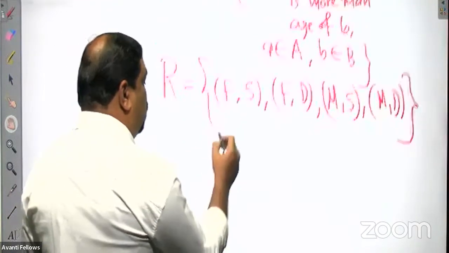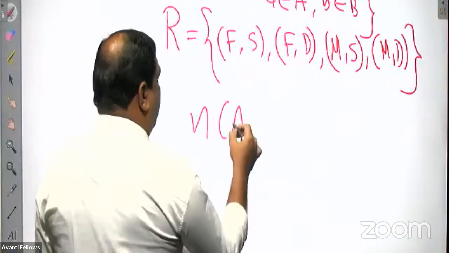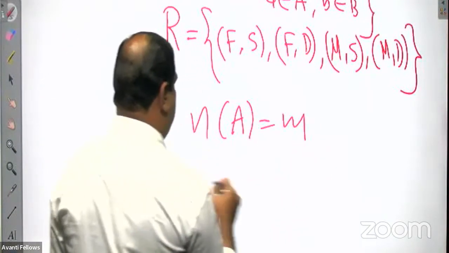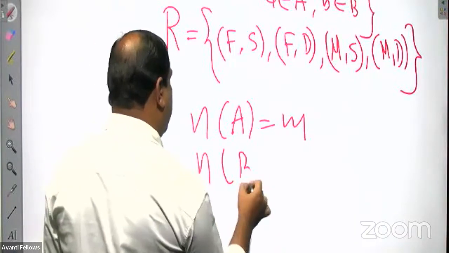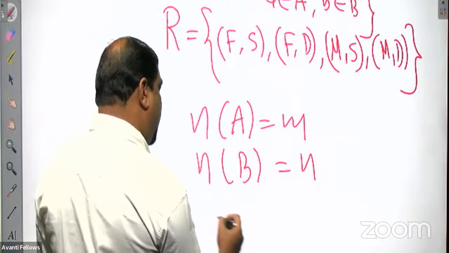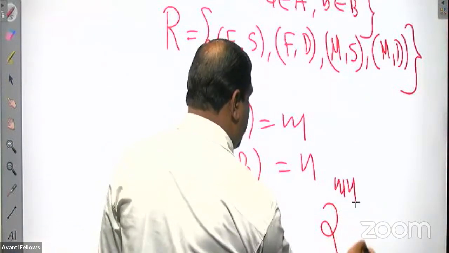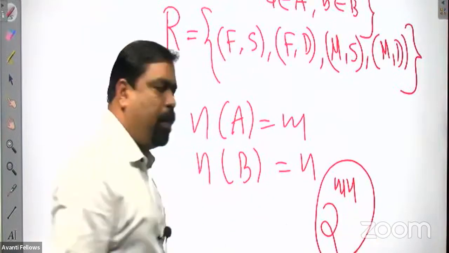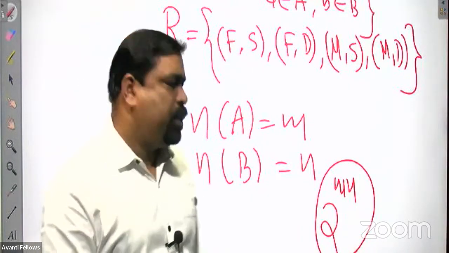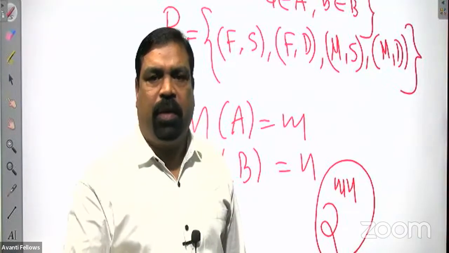So in general, if a set contains m elements and another second set contains n elements, the number of relations from A to B will be equal to 2 raised to mn. Number of subsets of A cross B means 2 raised to mn.